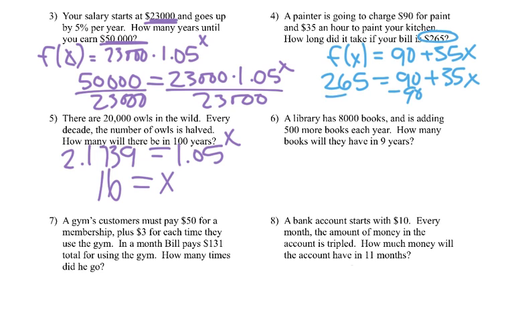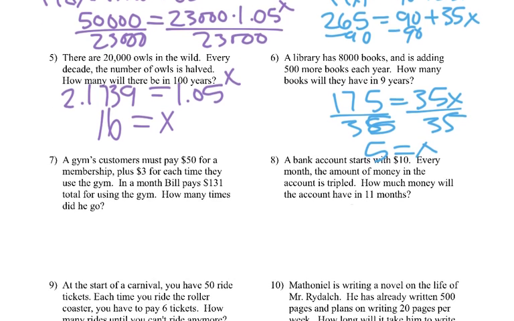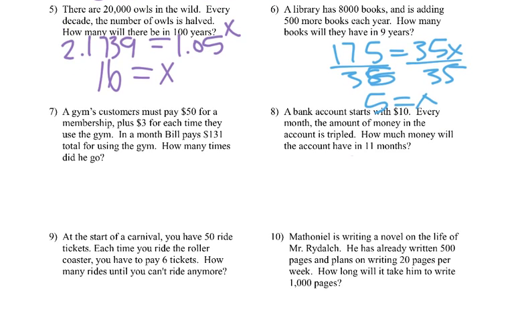Well, we subtract 90 first. So 265 minus 90 gives me 175 equals 35x. Divide by 35, and we get 5. So it took them 5 hours to do our room.